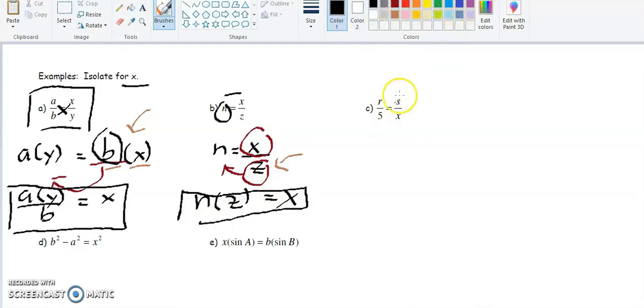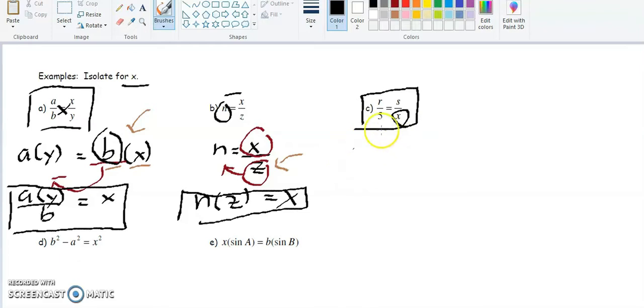So for letter C, the x variable, which is the main goal for us to isolate, is now on the denominator side, right? On the denominator area of the fraction. So let's see what we have to do. So again, if you are given a proportion such as this, you have to, what was that?